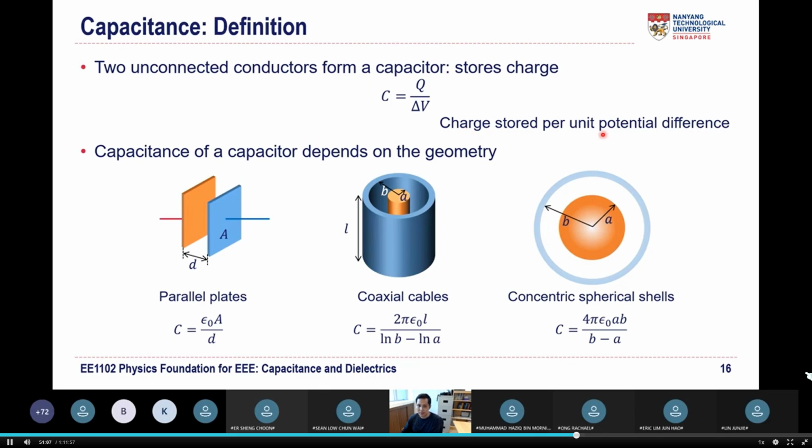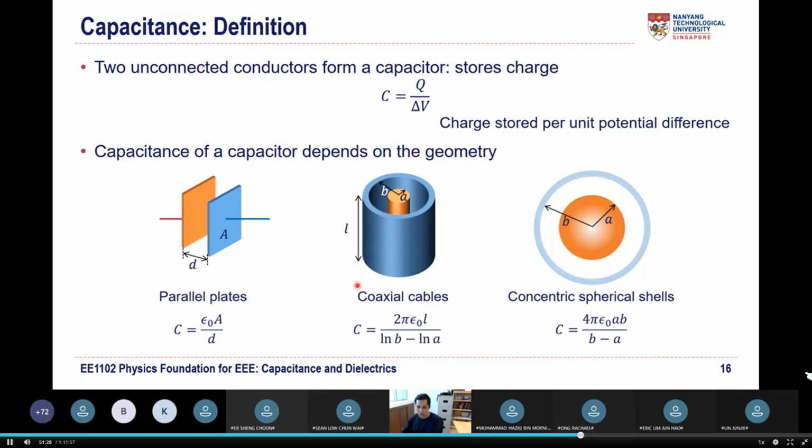So the capacitance is given by the charge per unit potential difference. Charge that can be stored per unit potential difference is the capacitance. And the capacitance in a capacitor depends on the geometry.